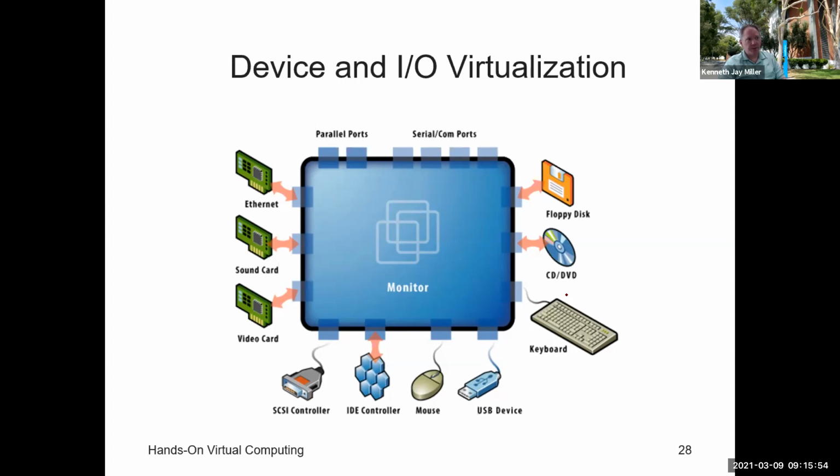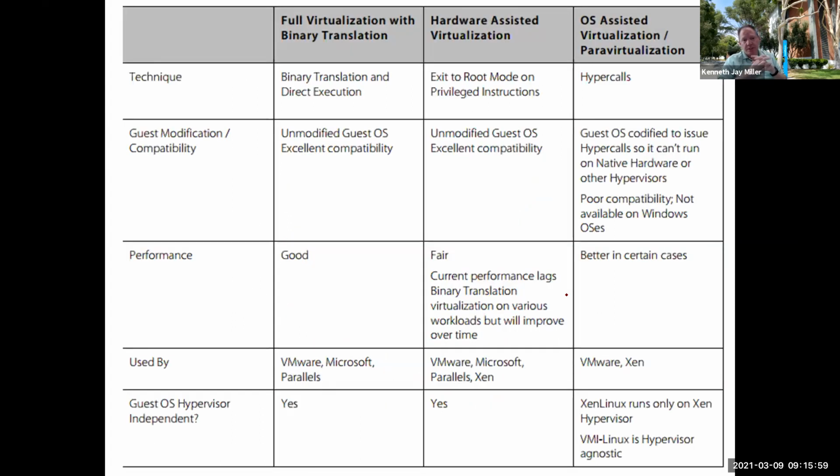So the device input output virtualization as well. If we were to look at this table and ask what technique is out there, is it full virtualization with binary translation, hardware assisted virtualization, or operating system assisted virtualization or para-virtualization, we could see that the technique of binary translation is used for full virtualization.